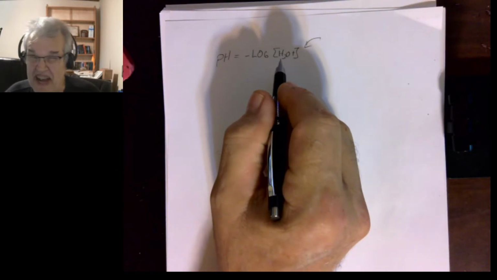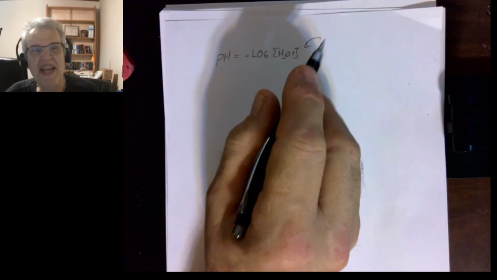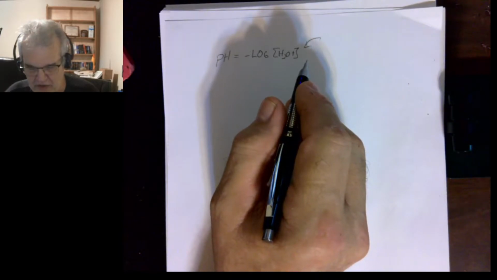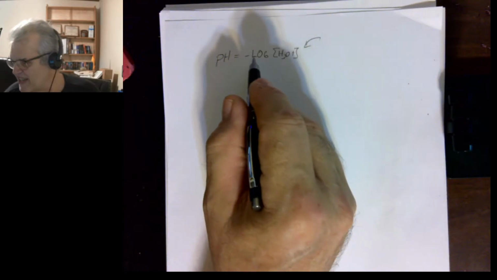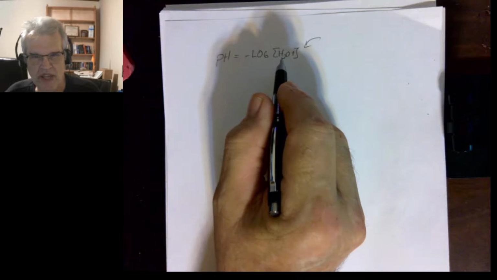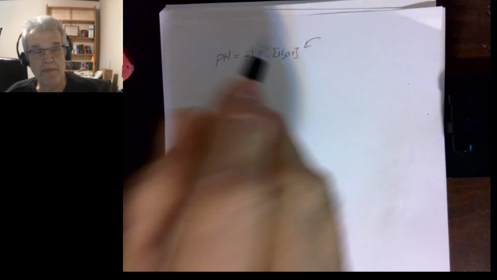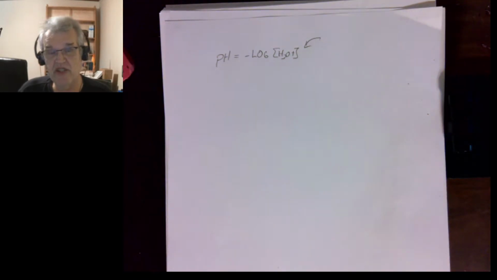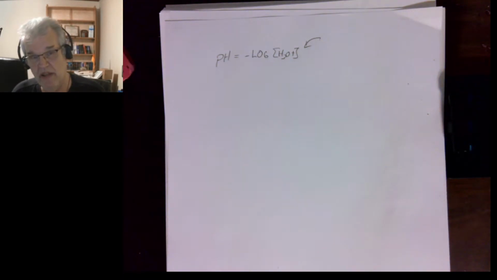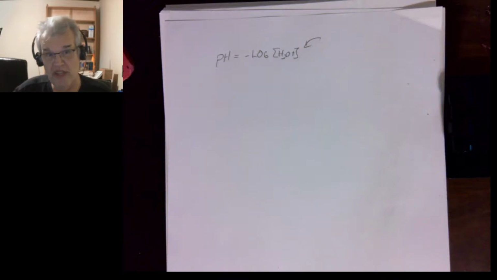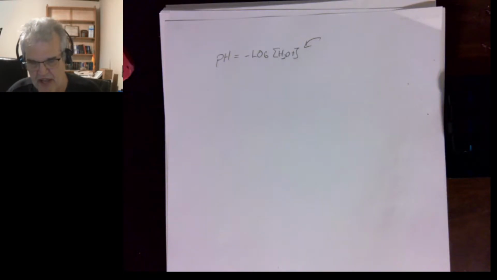This is really not the true definition of pH, but it's good enough for GChem 2, close enough for what we do. So they did it as the negative log of the hydronium ion concentration. I don't know why they did negative log, but that means that the lower the pH, the higher the acidity. And the higher the pH, the lower the acidity, or the higher the basicity of it.